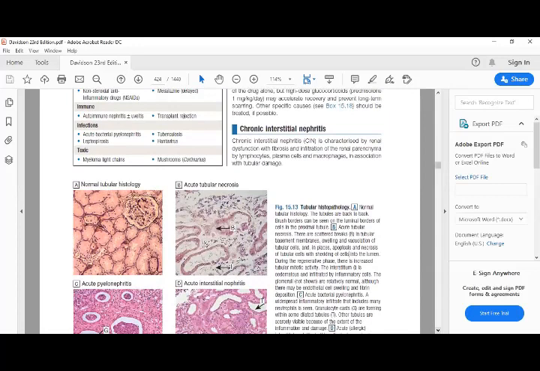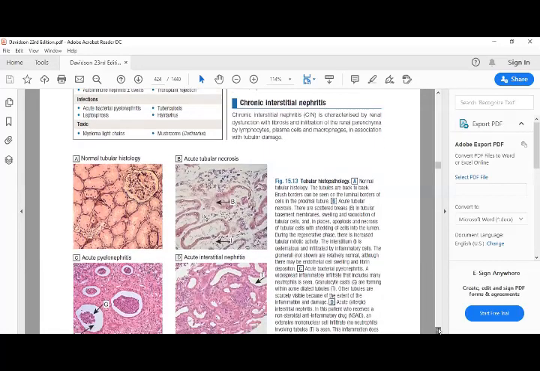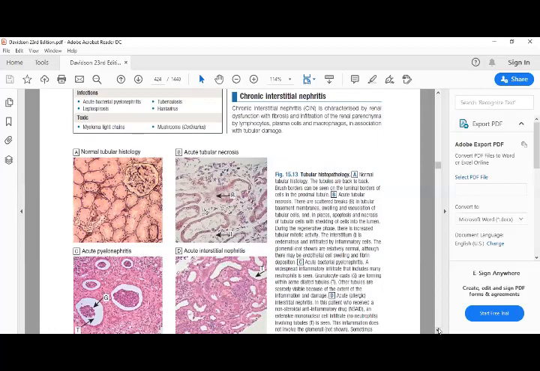This is the interstitial edema, and this is the shedding of the cells into the tubule. This is acute bacterial pyelonephritis, a widespread inflammatory infiltrate that includes many neutrophils.